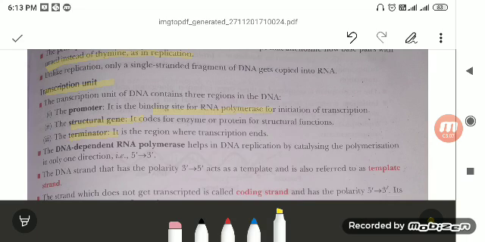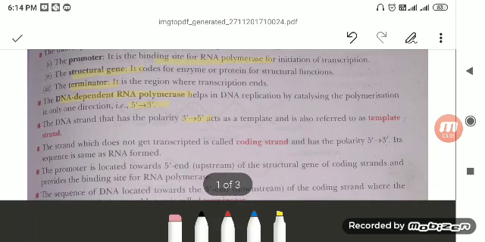And the enzyme which plays a very important role in the synthesis of RNA is DNA dependent RNA polymerase. It catalyzes the polymerization in only one direction, that is 5' to 3'. The DNA strand that has a polarity 3' to 5' acts as a template strand, and it is referred to as the template strand.